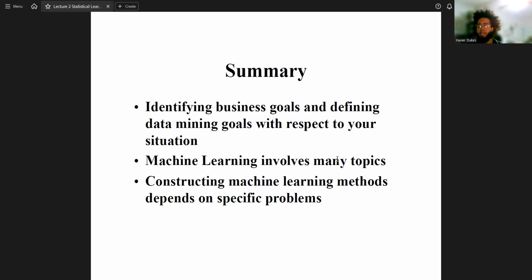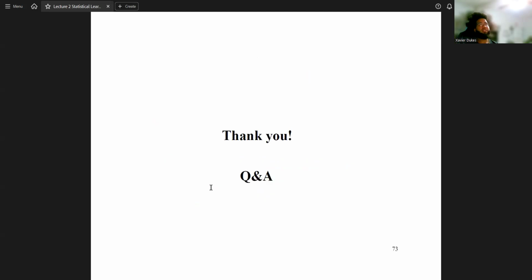You could do medical diagnostic imaging and all sorts of things. You can find ways to almost be a jack of all trades with this. And then you can construct machine learning methods that depend on specific problems in industries.